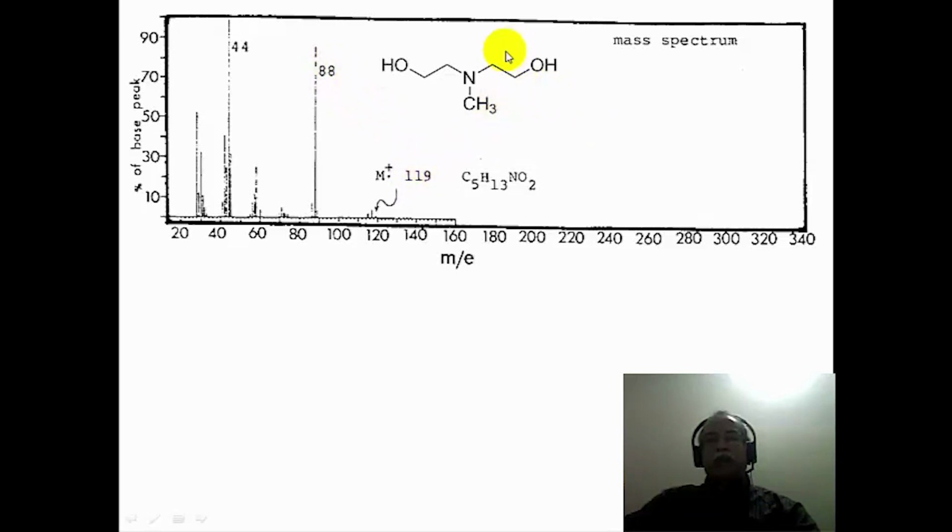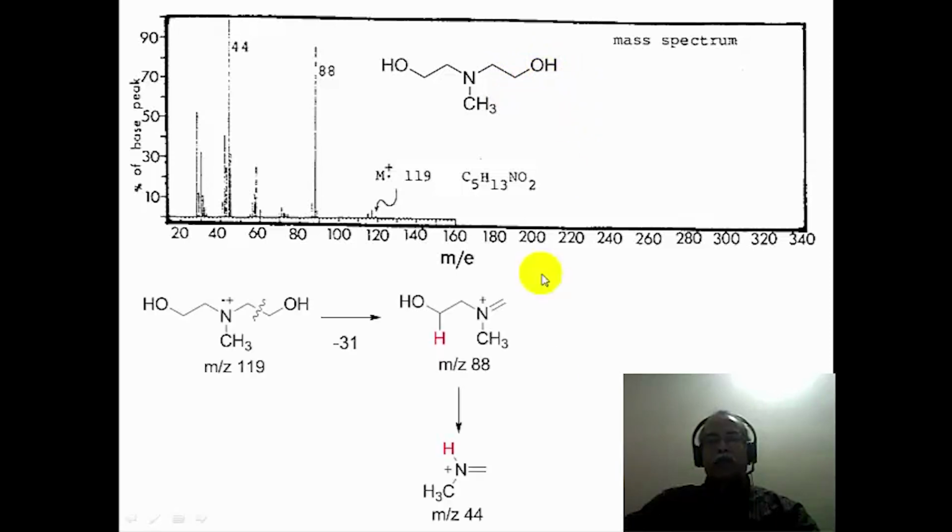If you break this particular bond and look at the resulting fragment CH2OH, for example, loss of CH2OH will be a fragment corresponding to loss of 31 mass units. In other words, breaking of this particular bond from the cation radical results in the formation of an iminium cation.